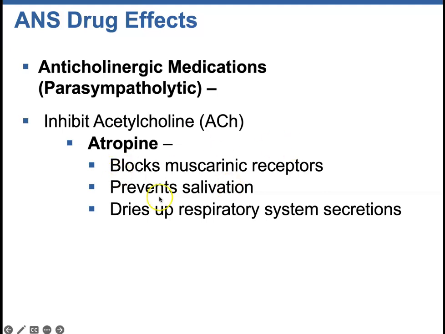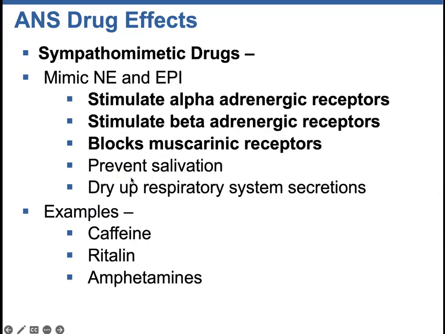What it's also going to do is prevent salivation, and it also dries up respiratory system secretions. So what you're doing here is you're basically giving them a drug that acts like a sympathetic response and thereby blocks the parasympathetic. When you give a medication that is more sympathomimetic, that means you have a drug that is going to mimic sympathetic, for example, norepinephrine and epinephrine, right?